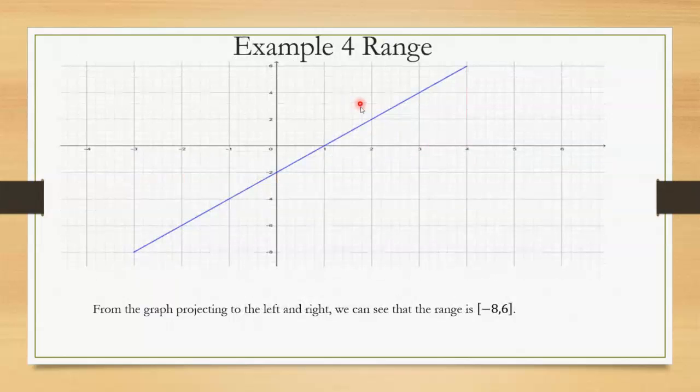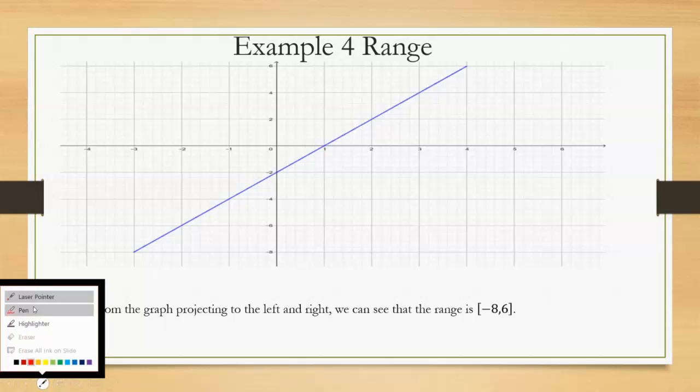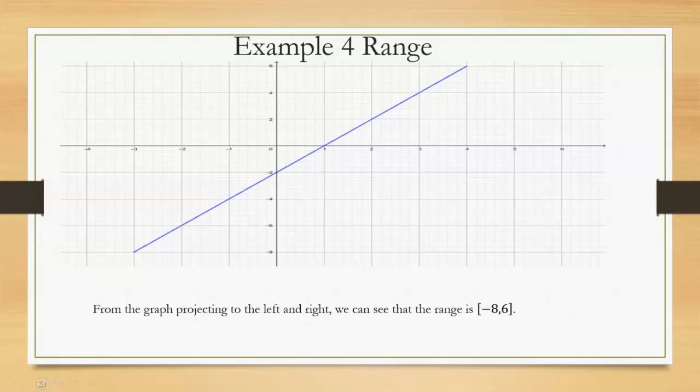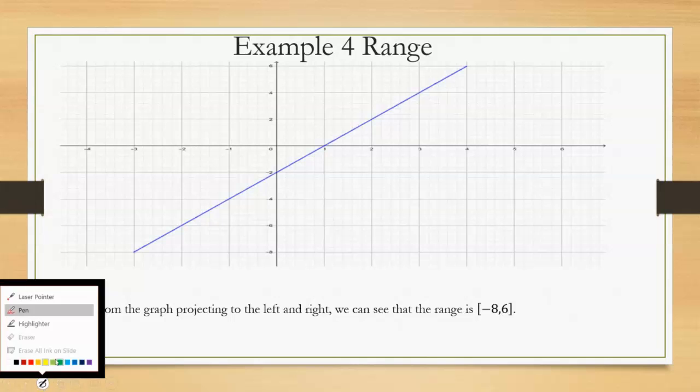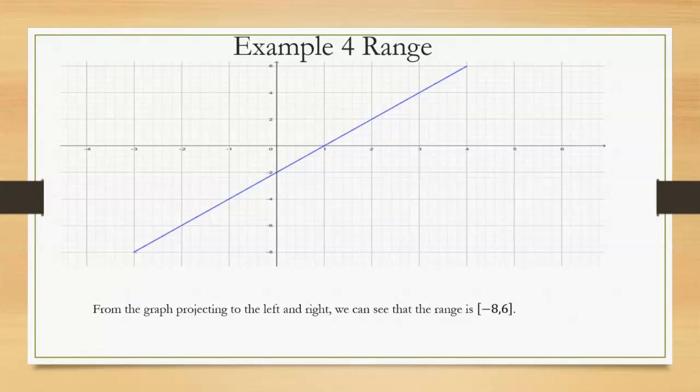For the range, it's the same idea, except you have to move horizontally to the y-axis. Let me use a different color. No, not that. That's too bright. There we go. Now I'm moving horizontally.